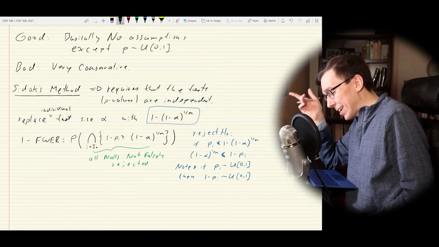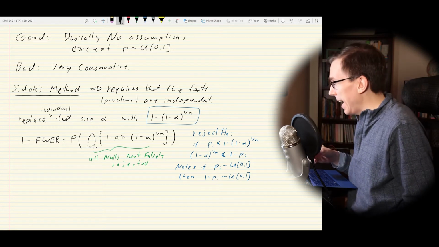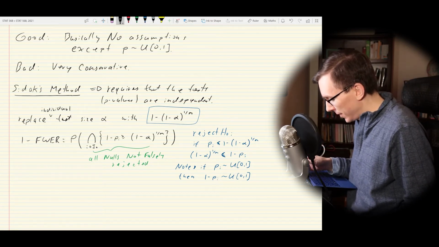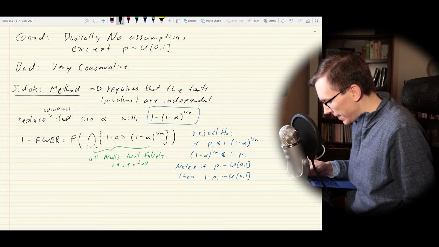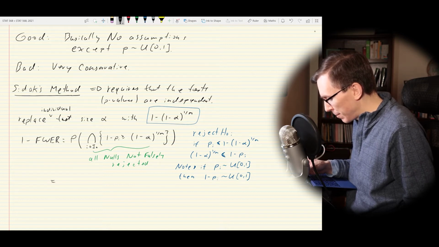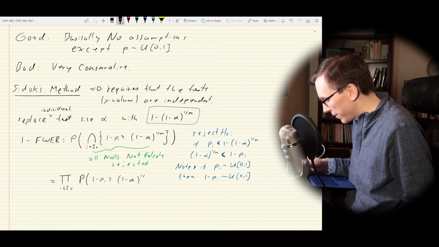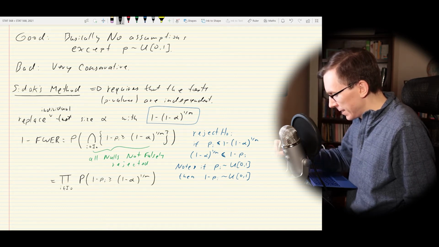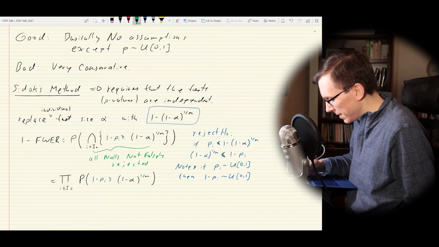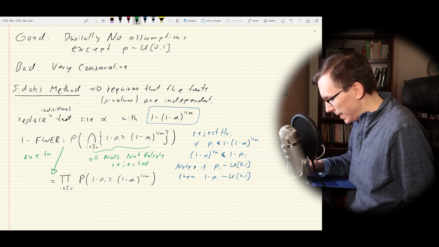Now we have an intersection of a bunch of events, and if these are all independent, we can say that this is just the product for i in I naught of the probability of that event, which is 1 minus pi greater than or equal to 1 minus alpha to the 1 over m. And this is due to independence.